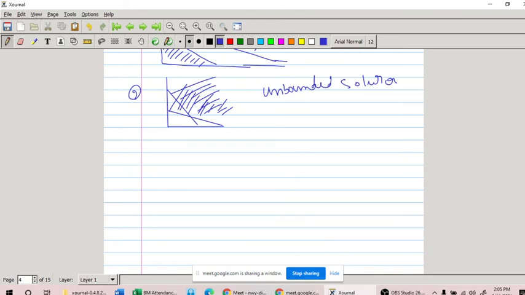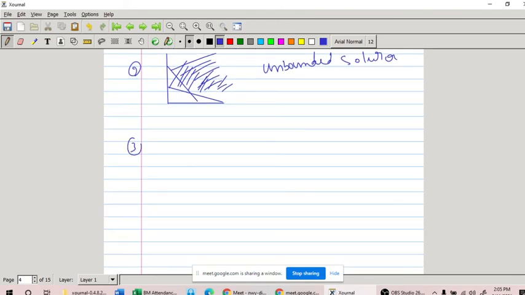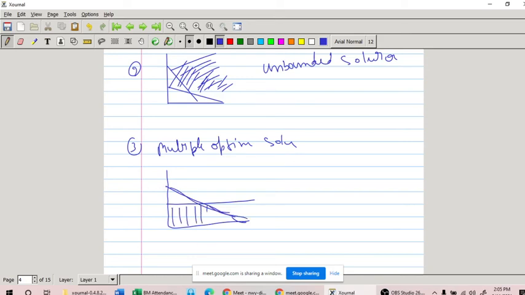Moving on to the third point. Third is your multiple optimum solution. This is a better situation in these exceptional cases. In this case it says that the value is below this line. So you will get these points as your corner solutions.